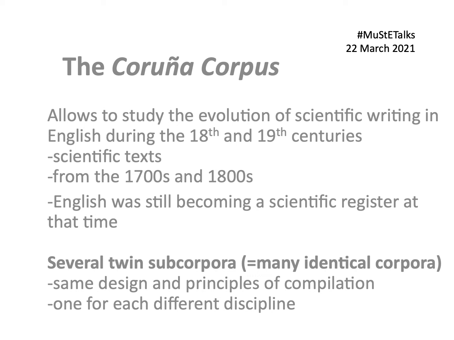And then you see how it gradually changes because that was the time when English was gradually becoming a scientific register. And because in science there are many fields and many different scientific disciplines, the Coruña corpus contains a number of twin subcorpora, which are practically identical in the way they're compiled, so that each subcorpus contains text on one scientific discipline, as you can see here.